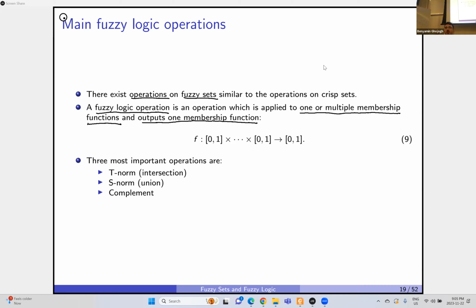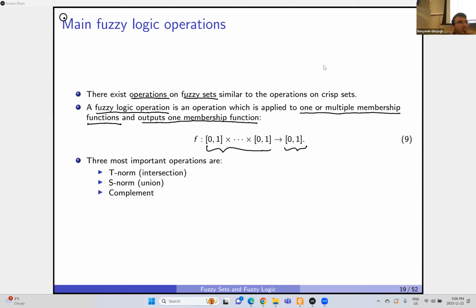Similar to AND, which gets two or more inputs and outputs one thing, 0 and 1. In other words, it gets a bunch of membership functions between 0 and 1, and it maps to one membership function between 0 and 1, right?